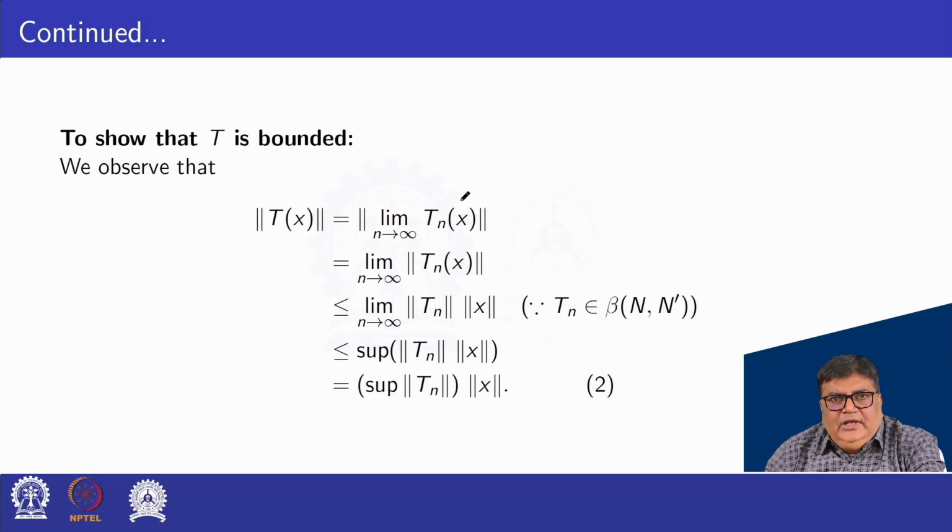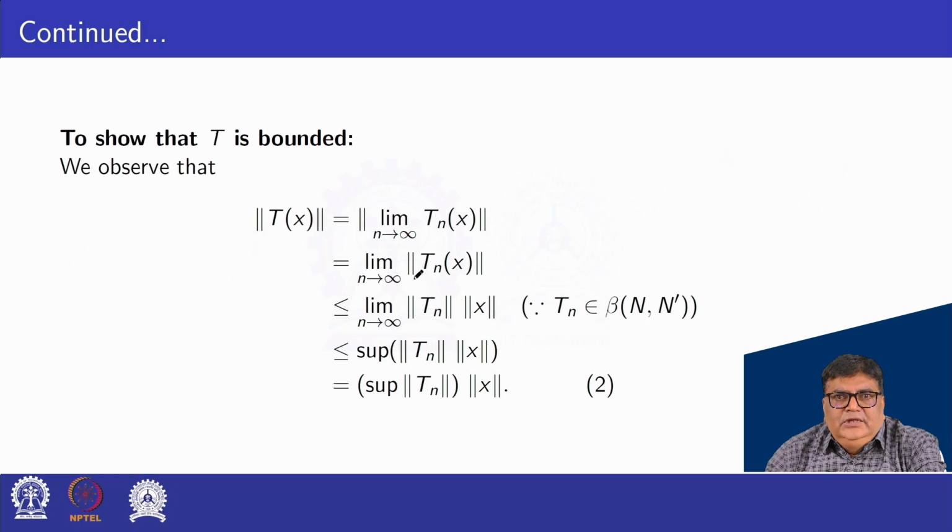Norm is a function, so as per the definition of limit of a function, we can write this as the limit as n tends to infinity of norm Tnx, less than or equal to the limit as n tends to infinity of norm Tn into norm x, because Tn is an element of B(N, N'), that is, Tn is a bounded linear transformation.